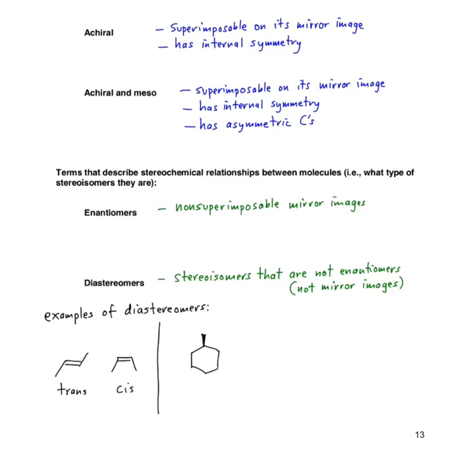We saw this example in a couple of places now. So cis and trans dimethyl cyclohexanes. This one's cis, this one's trans. The atoms have a different spatial arrangement in each of the structures despite the identical connectivity between the two structures, but they're not mirror images. So these are diastereomers.